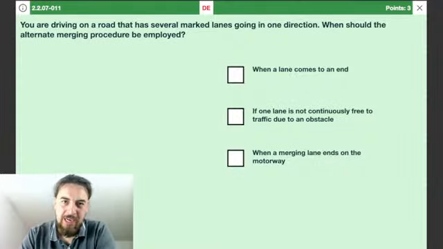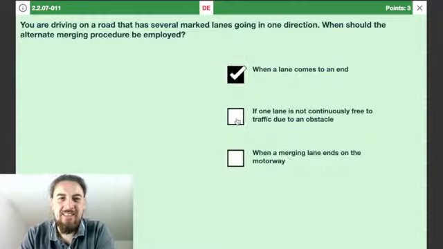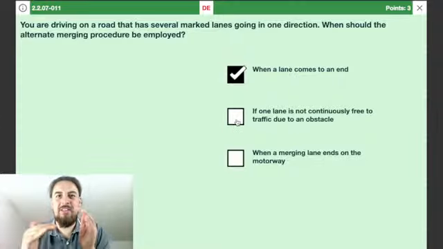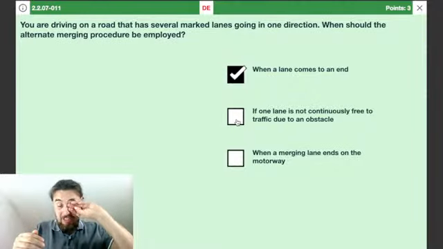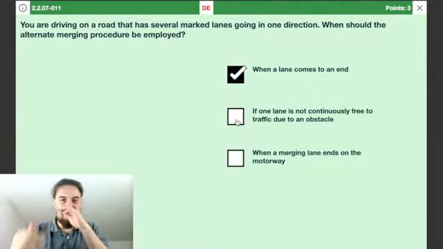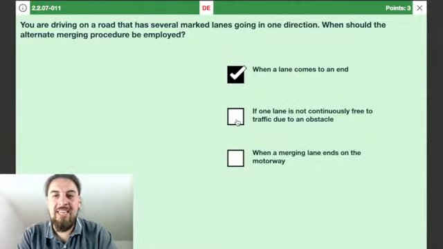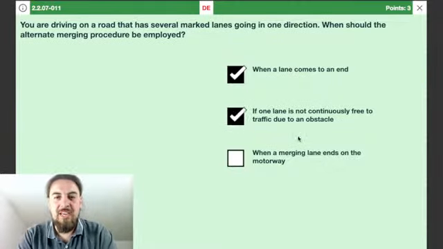Two answers are correct. When the lane comes to an end, that's the zipper alternate merging procedure. They call it the zipper principle, or I don't know, procedure. Yeah, that one gets after another one in, and that is when a lane comes to an end if one lane is not continuously free.